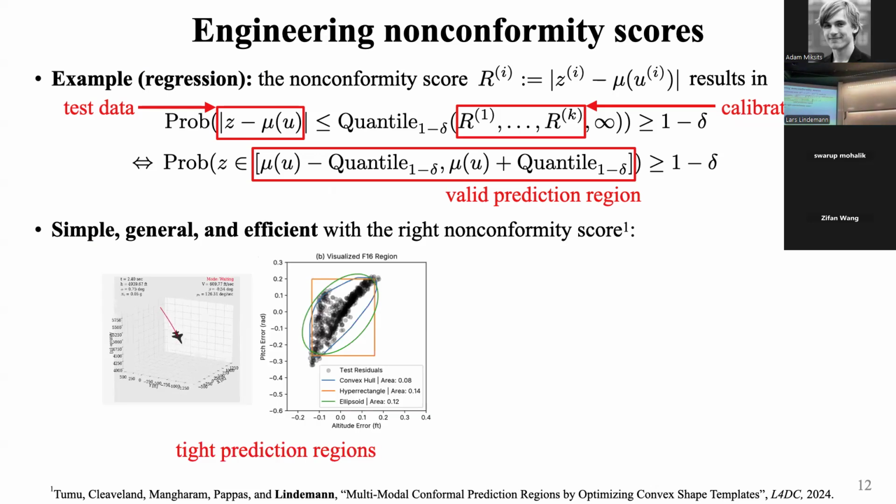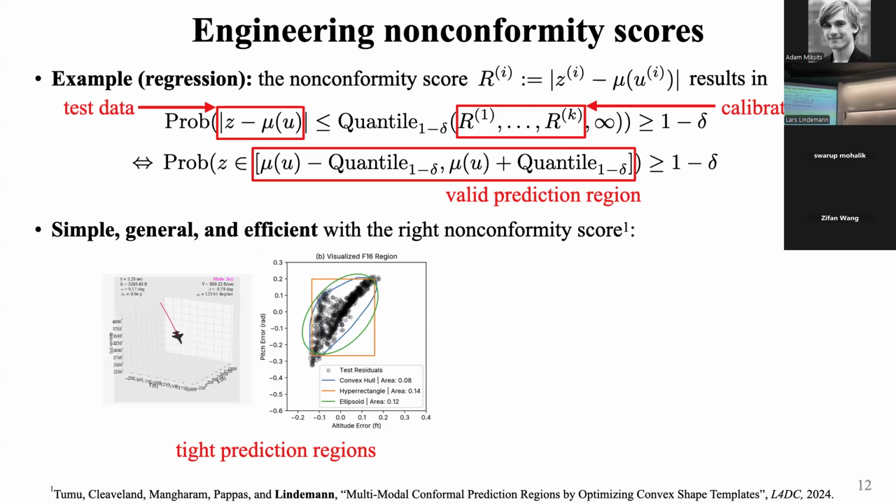For instance, we had some examples of an F-16 aircraft where we wanted to predict a couple of steps ahead what the altitude would be and the pitch error, and we designed nonconformity scores that captured ellipsoids, hyperrectangles, and convex hulls. You can see those illustrated here, and in black you can see test data points that are covered by these regions with 95% probability.